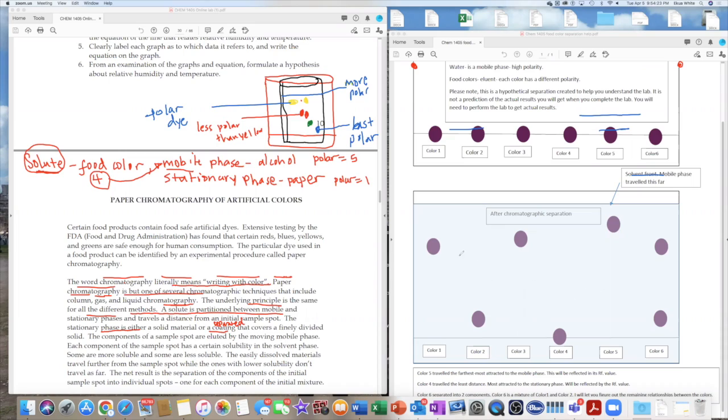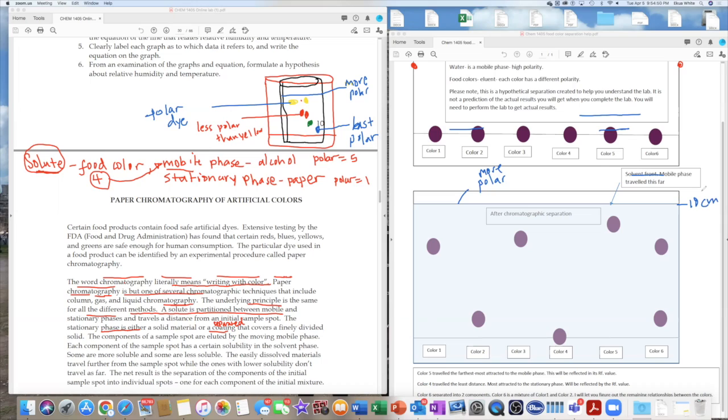Remember the mobile phase here is relatively more polar, and of course the paper is the least polar. So looking at this right here, when you want to figure out the RF value, I need to have numbers. So let me go ahead and assign numbers just for the sake of it. Let's say this mobile phase has traveled 10 centimeters.